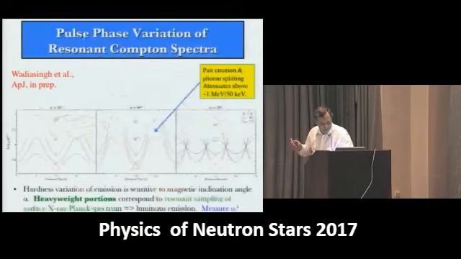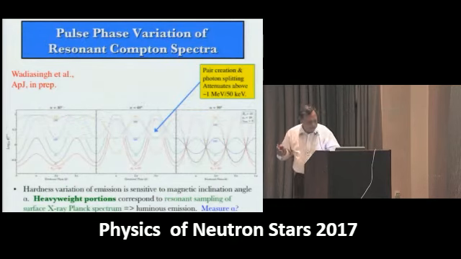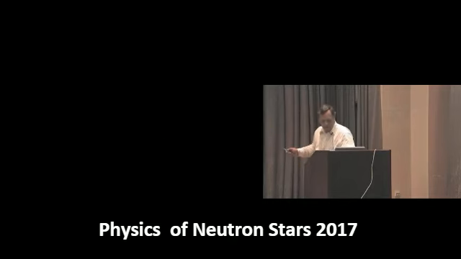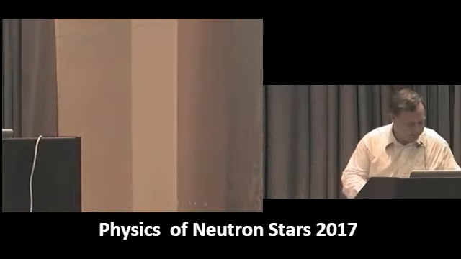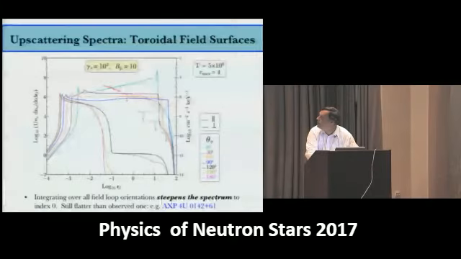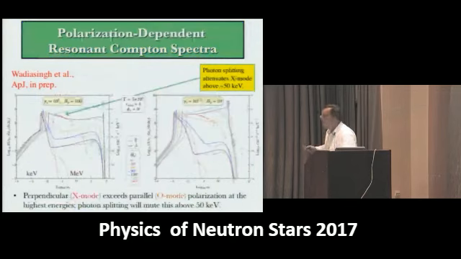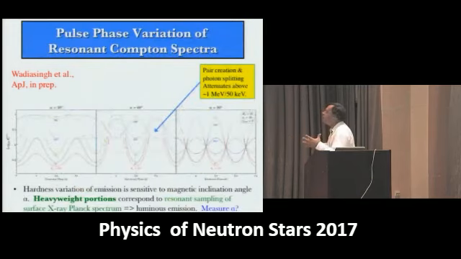Okay? Now, variability. If we take the right portion of the peaks here and say, this is our maximum energy from the resonant range, we take that energy and plot it as a function of pulse phase.